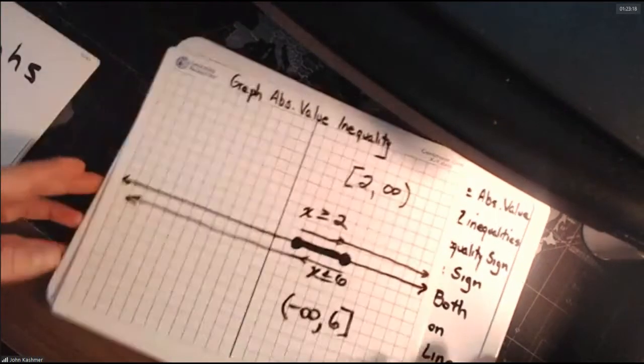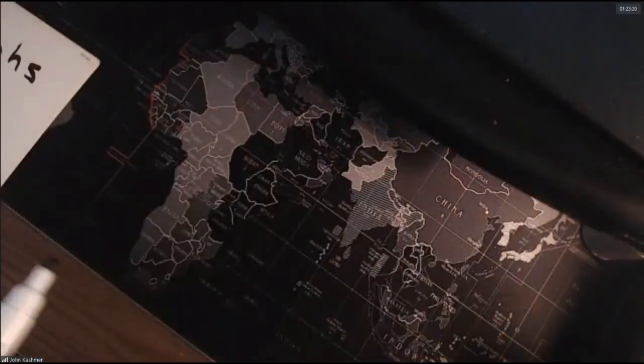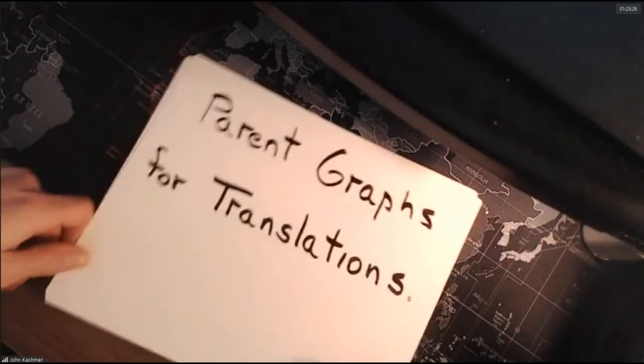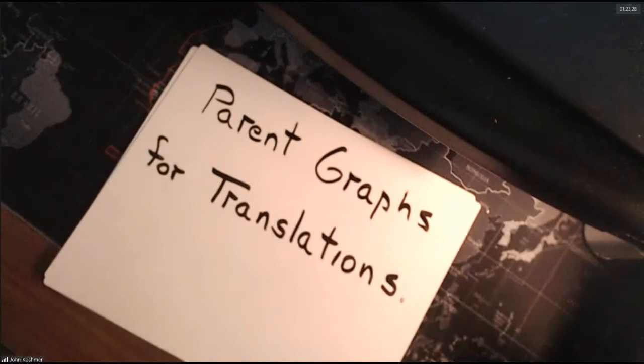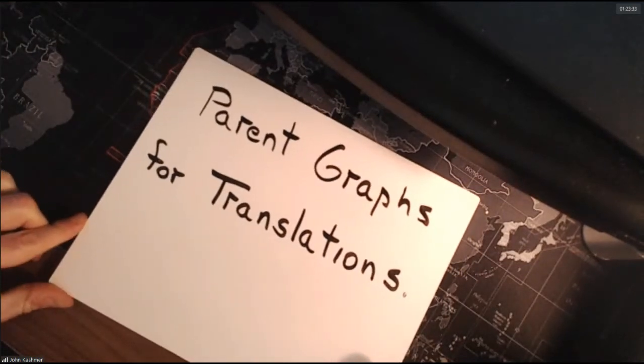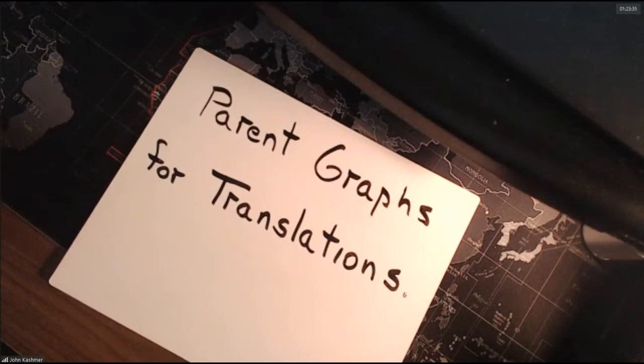Okay, so we're going to change gears a minute, and we are going to talk about parent graphs for translations. Translations are a very important part, definitely of pre-calc, but it's good to have an idea of them in algebra. Now, a parent graph would be a graph that is pretty standard.